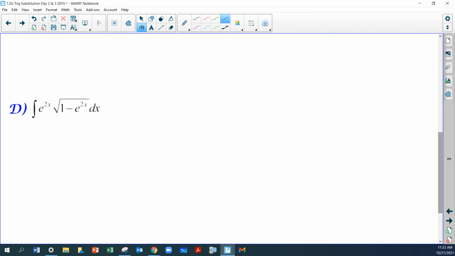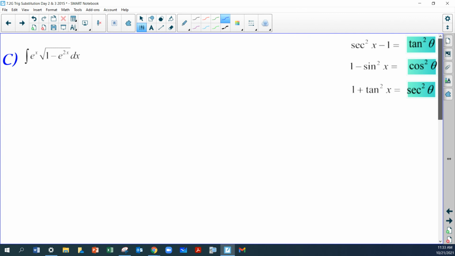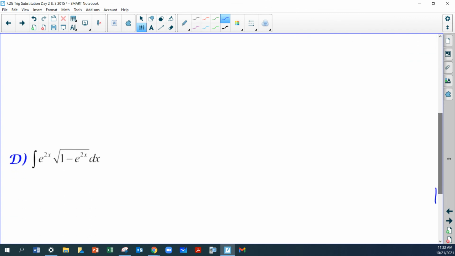So on this one, well, it looks like 1 minus e squared x, doesn't it? Or e to the x squared, which is very similar to what we just did. But there is one very sharp difference. It's e to the x versus e to the 2x.